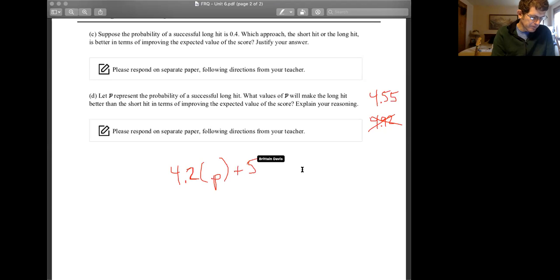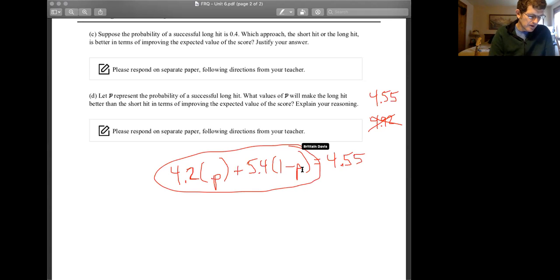Plus 5.4 times 1 minus P. Now we're not just solving for it. We're going to set this equal to 4.55. The reason is we want this outcome right here to be at least as good as this outcome that we started with, the original expected value. So what value of P will get us that?